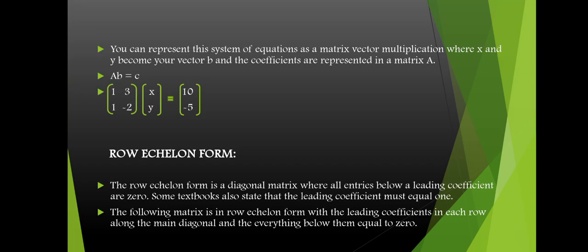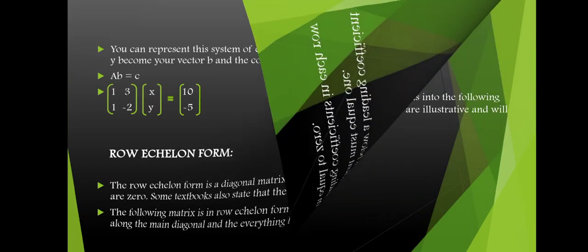Now let's know about row echelon form. The row echelon form is a matrix where all entries below a leading coefficient are 0. Some textbooks also state that the leading coefficient must be equal to 1. The following matrix is in row echelon form with the leading coefficients in each row along the main diagonal and everything below them equal to 0.